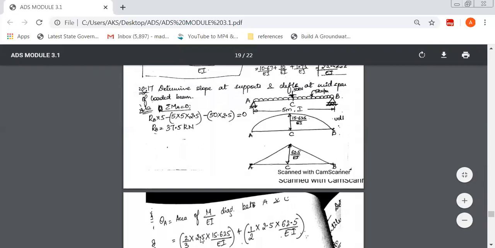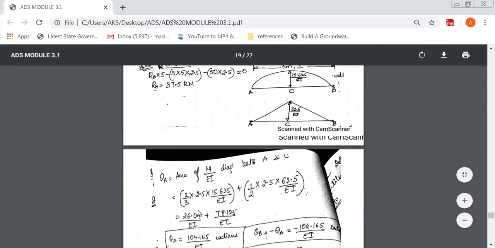So 2/3 times 2.5 times this height, 15.625, is the area for the UDL. Next, the area of this triangle: half into base 2.5, height 62.5. When you solve this, solve it individually, because these are the quantities which we'll be using further.